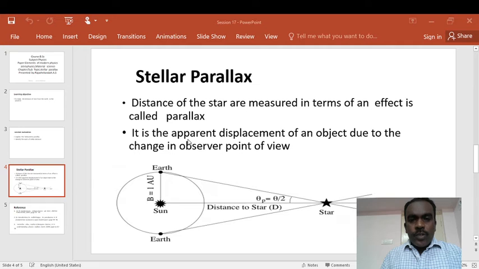Now take the triangle P1 S S1, where theta is very small. So take sine theta. Sine theta is equal to R by D. So theta is equal to R by D. This is equation number 1. We have to calculate the radians.